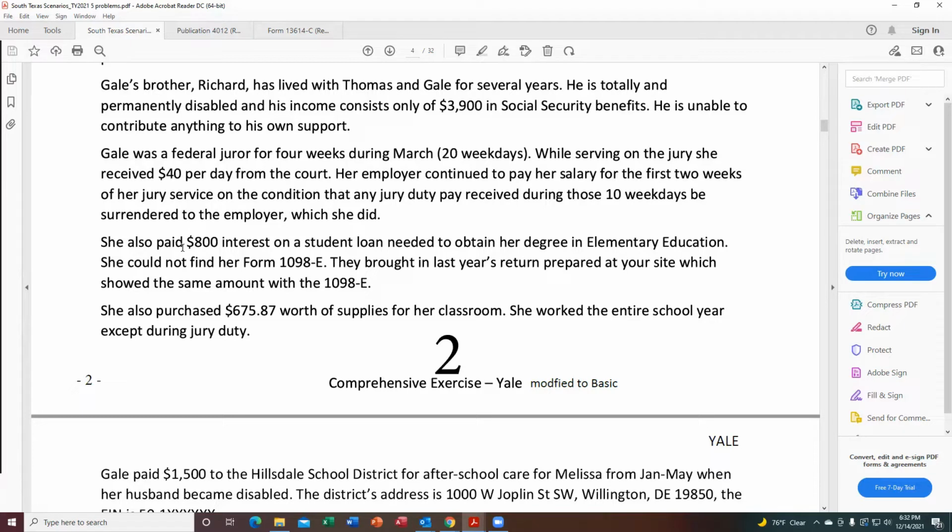She also had interest from a student loan, and it says she couldn't find the one from last year. They brought in last year's return, prepared at the site, which showed the same amount on her 1098E. She also had $675 worth of supplies for her classroom. She worked the entire school year except for jury duty.